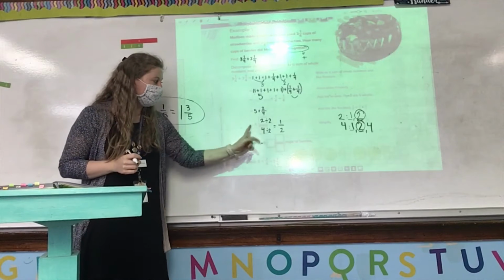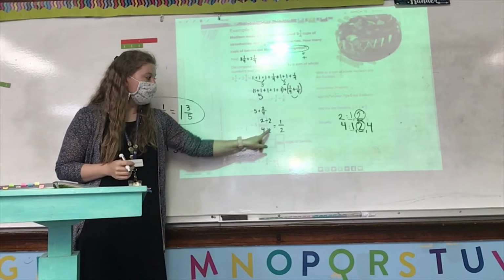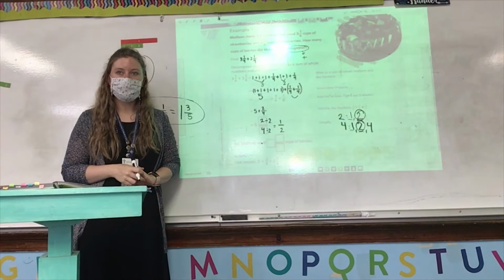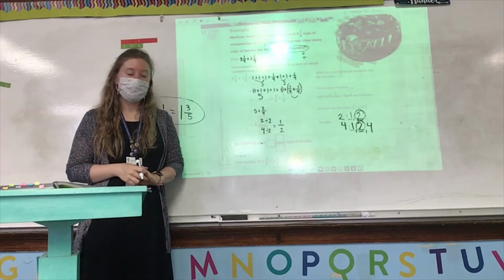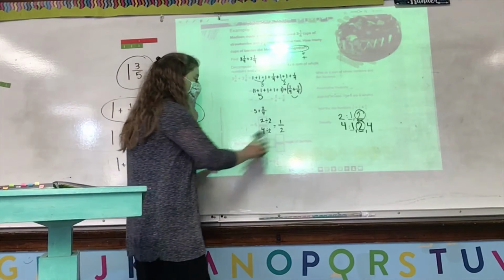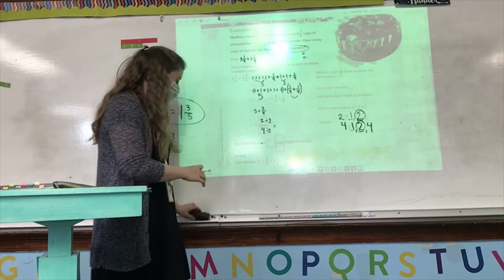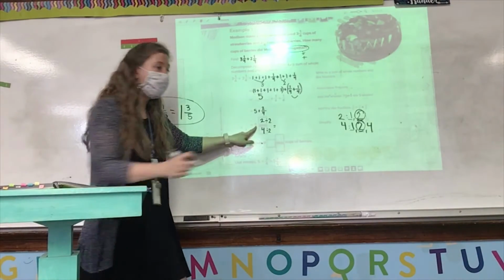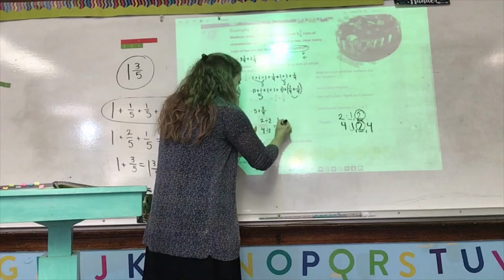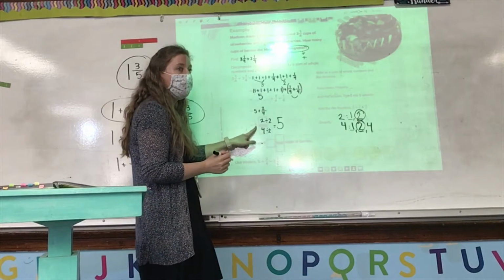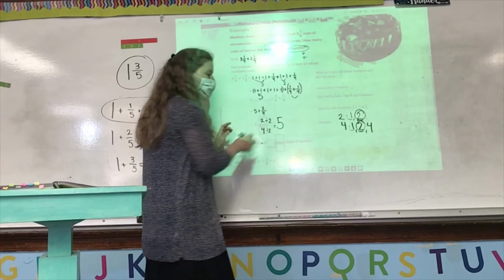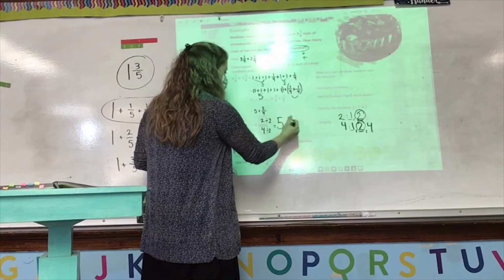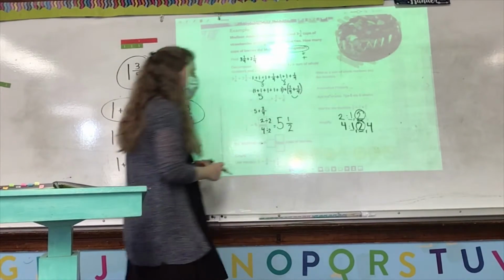This is telling me that 5 2/4 is equivalent to 1/2. Is that true? No. So what you need to do is after you have your division, you cannot forget your whole number. You have to rewrite your whole number, and then 2 divided by 2, class? 1. 4 divided by 2? 2.